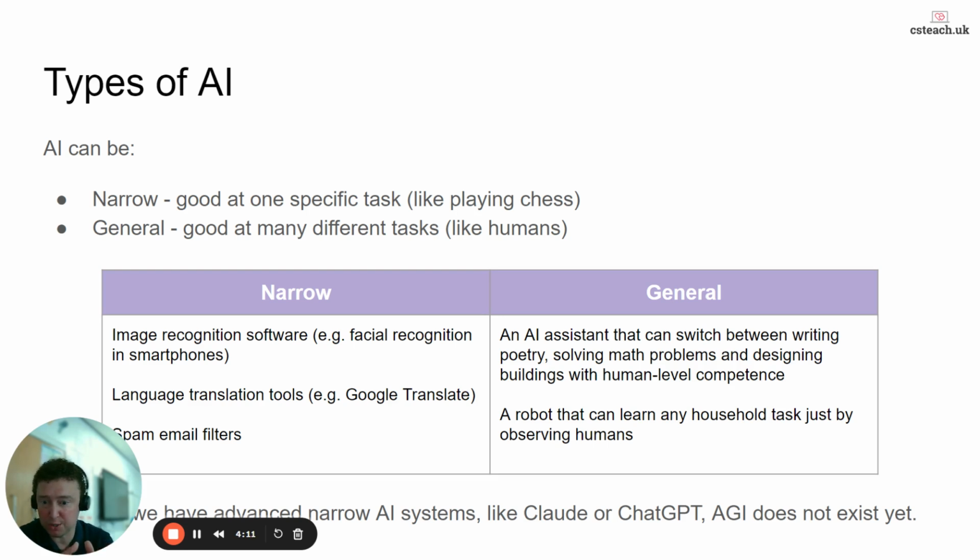So every email message that comes into your inbox is very quickly scanned by a spam email filter, and then if it's written by a human, or it's more likely to be written by a human, it goes into your inbox, and if it's written by a spam bot, it goes into spam.